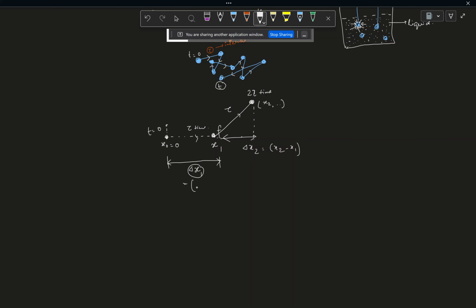And similarly your delta x1 used to be x1 minus x0, and the process will continue if you now move on to another position, let's say here, in the next time interval of tau. Up to this you cover a time of 3 tau from your initial starting point. So your next position will be at x3, right?